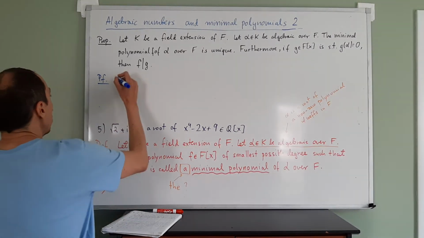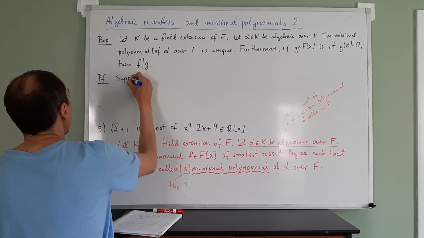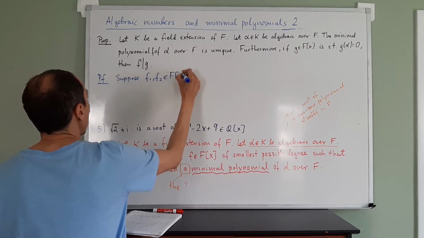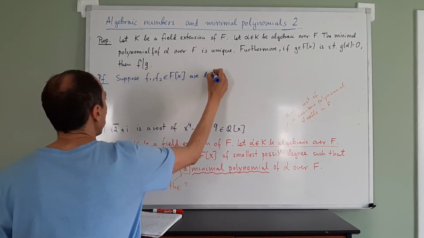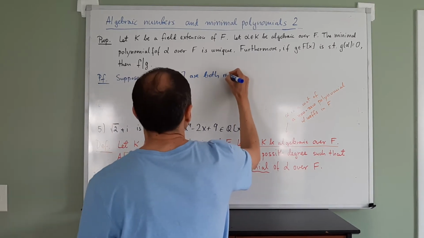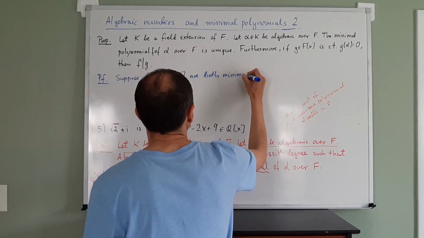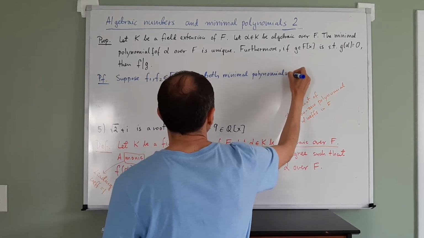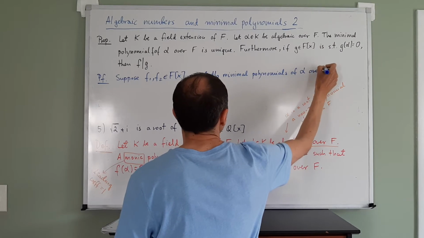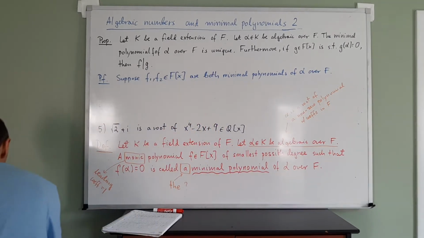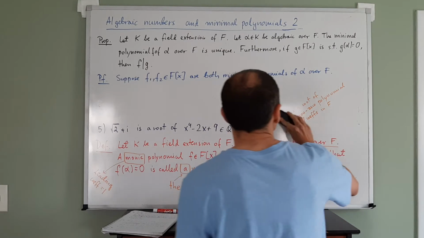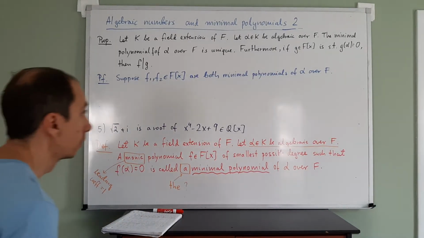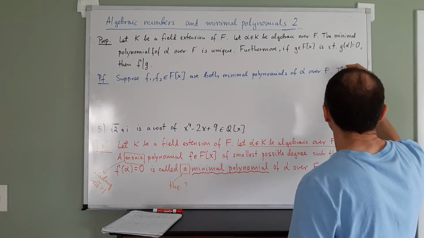So I'm going to suppose f1 and f2 are both minimal polynomials of alpha over F. Then I form their difference.